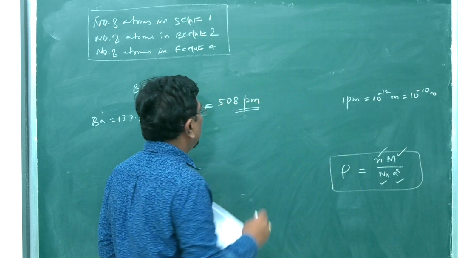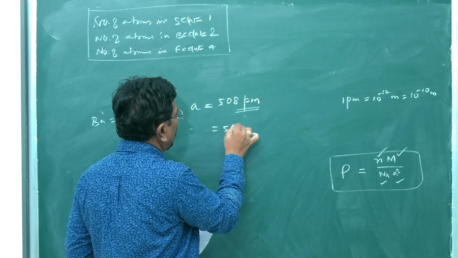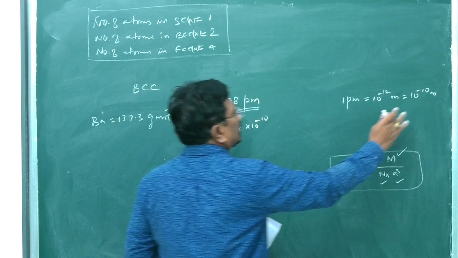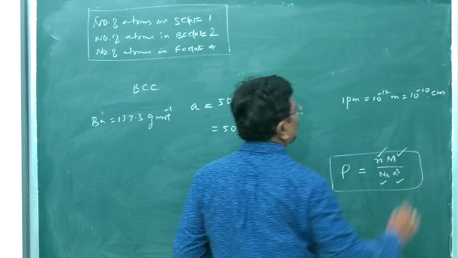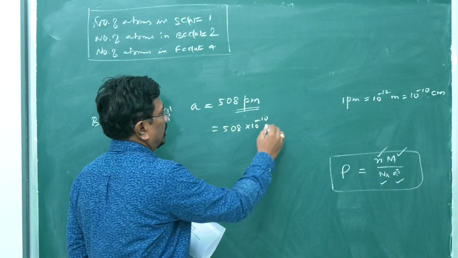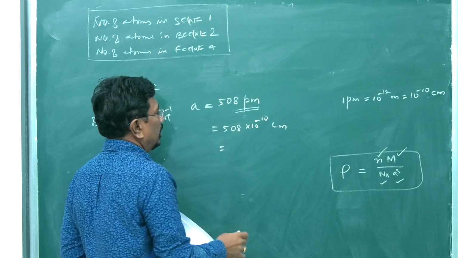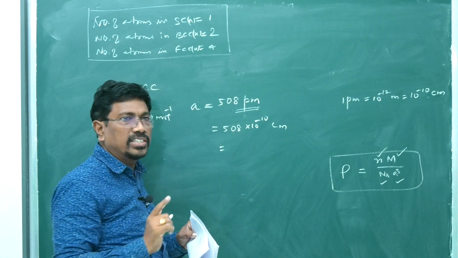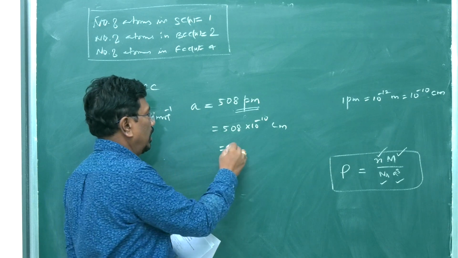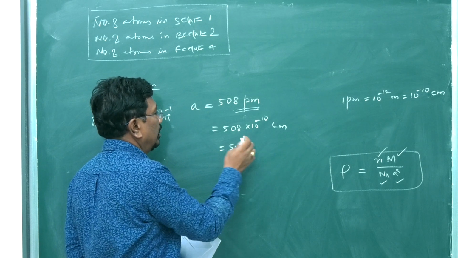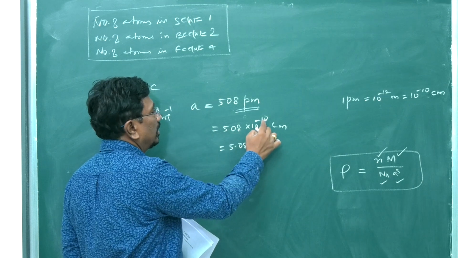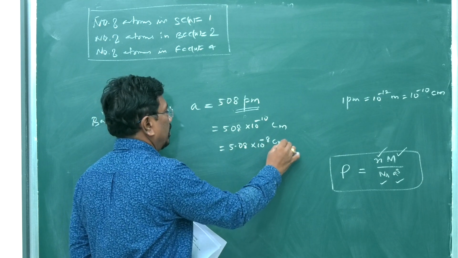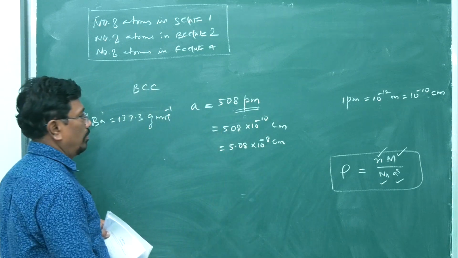If it is 508 picometer, it corresponds to 508 into 10 power minus 10 centimeter. If we move 2 decimal points here, usually the number is expressed with 1 decimal point, therefore 5.08. Here we have divided by 100, so it has to be multiplied by 100, therefore 10 power minus 8 centimeter. A is equal to this much.